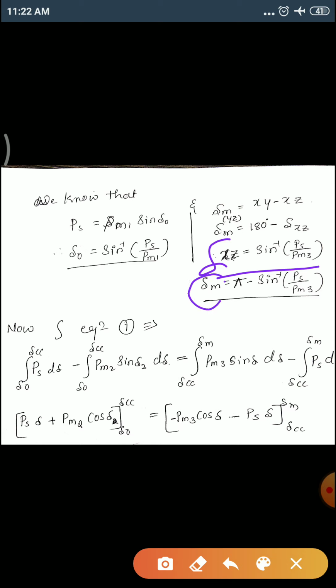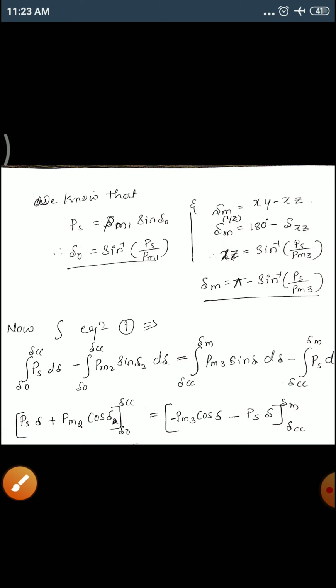Now we require delta m. From this, it can be written as 180 degree, which you can mention as pi, minus delta xz, which is sine inverse of PS divided by PM3. Remember these two formulas.